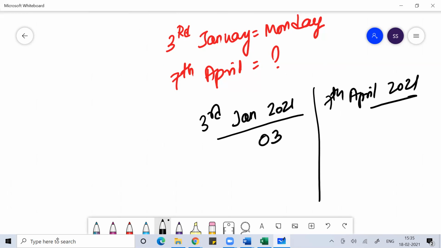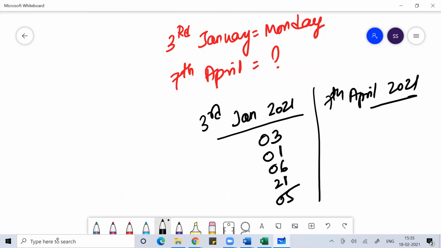Take the date 03 for January, the month code, then 06 for the last two digits of the year 21, and then how many leap years came? 4, 8, 12, 16, 20, so 5.